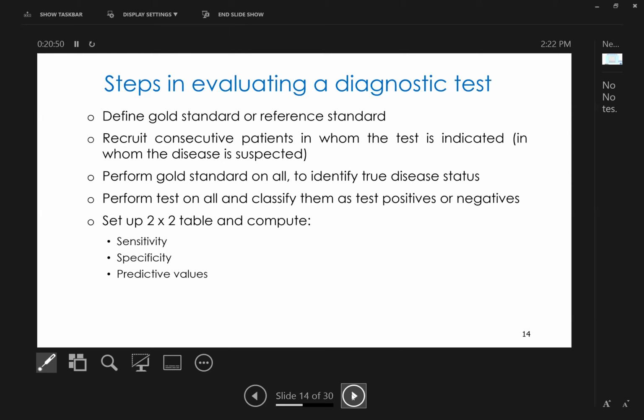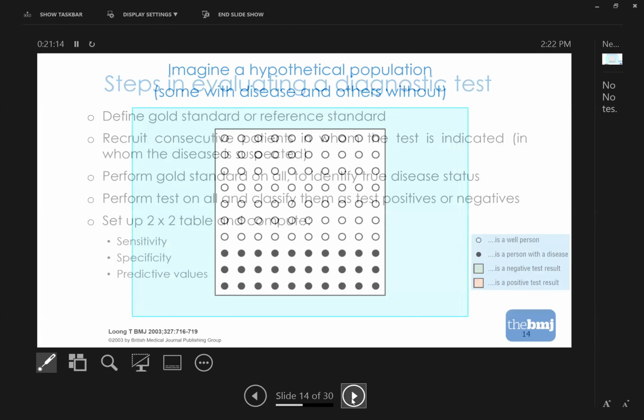In the case of the Apple Watch, I have the Apple Watch ECG results on everybody with suspected heart attack. I also have their angiogram as the gold standard. If I had that, I can set up a 2x2 table, just like the 2x2 table you saw earlier in the first week of the course, and I can compute numbers called sensitivity, specificity, and predictive values.